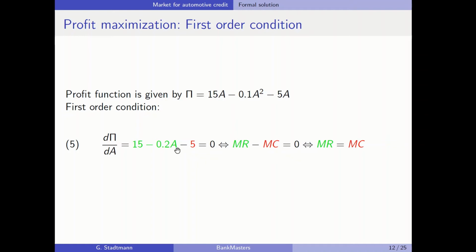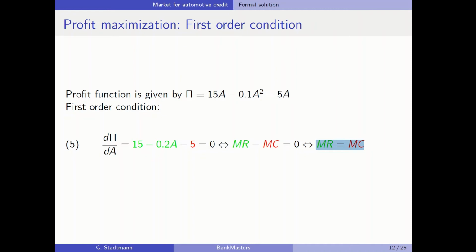So more or less, we have here in equation 5 marginal revenues, the green part, minus marginal cost has to be equal to 0. Or when you want to put marginal cost on the other hand side of the equation, we once more have the typical profit maximization condition that marginal revenues have to be equal to marginal cost.